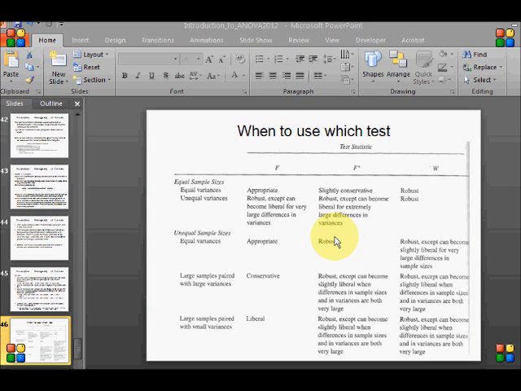You're concerned about when you have unequal samples and unequal variances, and you're worried about these two cases here. And in both cases, each test can become slightly liberal. And really, they both become liberal under the same circumstances.